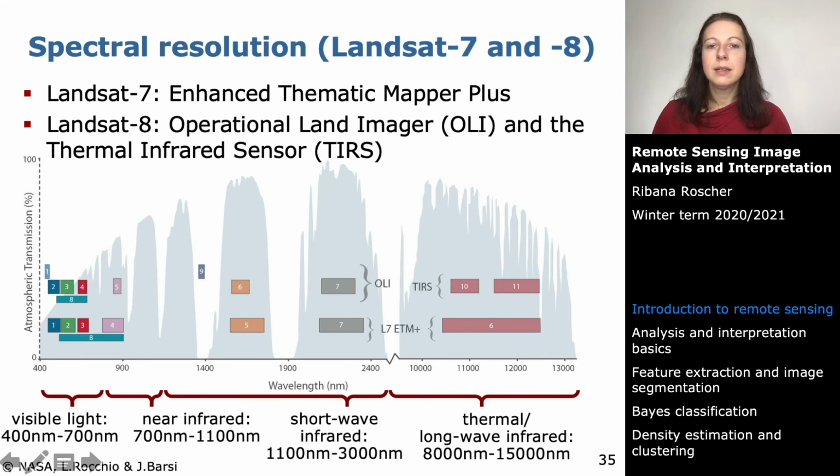The top row is for Landsat 8 and the bottom row is for Landsat 7. And what you can see is the area of visible light from 400 nanometers to 700 nanometers, and both Landsat 7 and Landsat 8 get a lot of information in the visible spectrum, but also in the near infrared, which is from 700 to 1100 nanometers.